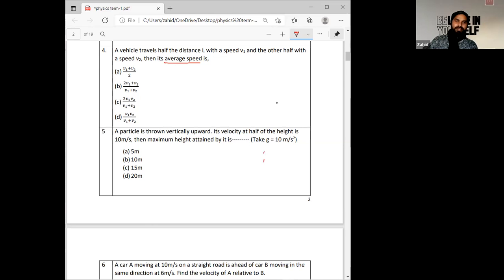Since it is going along this direction, let's say this is your ground. At any instant, halfway in its path, its velocity is 10 meter per second. At the highest point, its velocity will be 0. And from this point to this point, displacement will be h by 2.